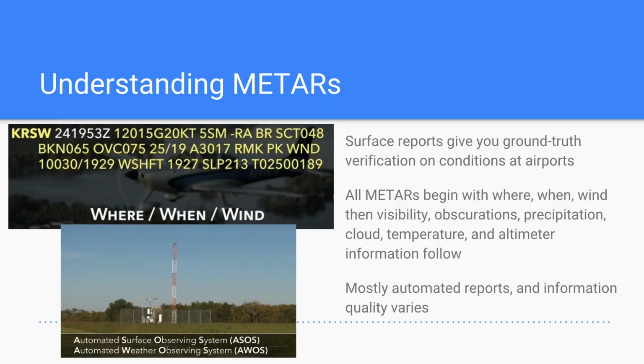But you have to be careful. Mostly automated reports are coming when you're looking at a METAR, and the information quality will vary. We have ASOS systems and AWOS systems, or automated surface observing systems, automated weather observing systems, respectively. And there are limitations on what those automated devices can sample.